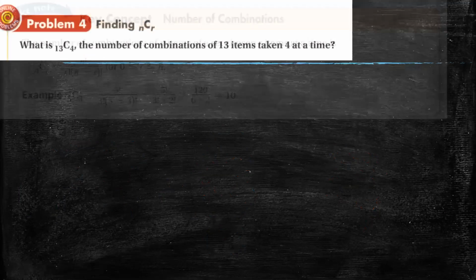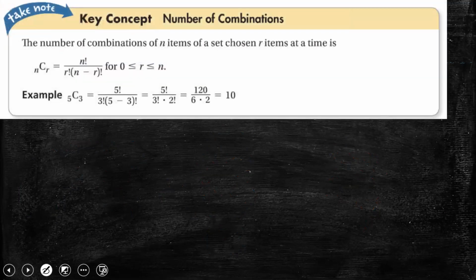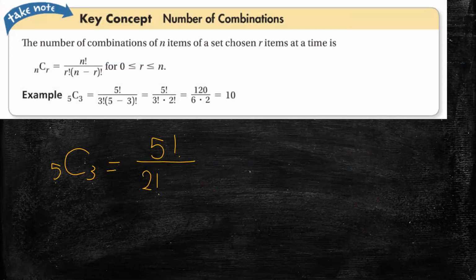So let's find 3 from 5 now. The number of combinations of 5 taken 3. I will say 5 factorial over 5 minus 3 factorial, which is 2 factorial, times 3 factorial.